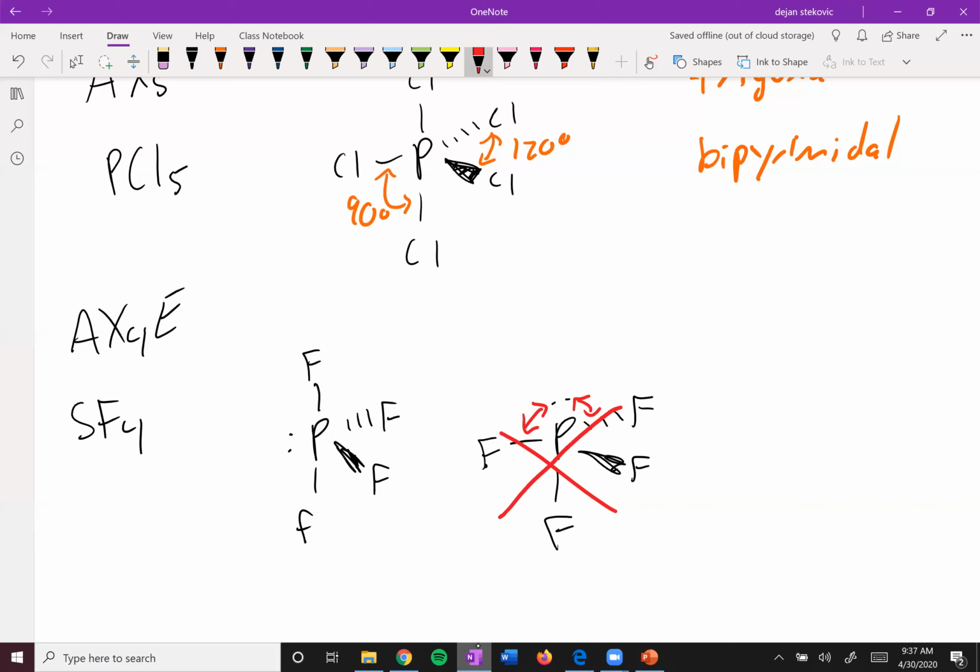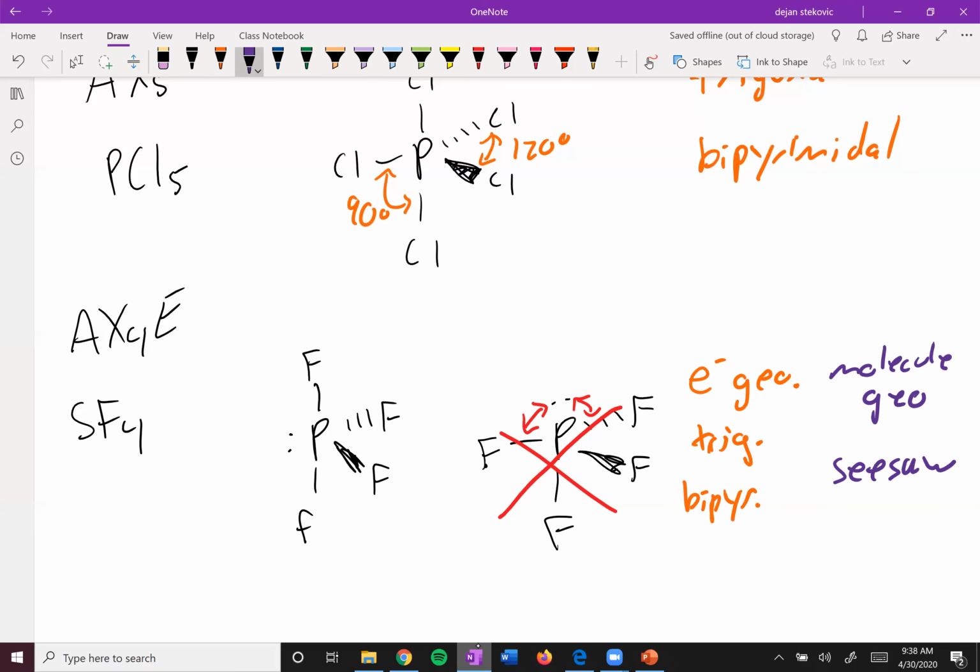There's just more repulsions. The one on the left gives the electron pair by itself better room. And so again, the electron geometry always stays the same, so it's still trigonal bipyramidal. And what we call this molecular geometry, and you'll see why in a second, is a seesaw.